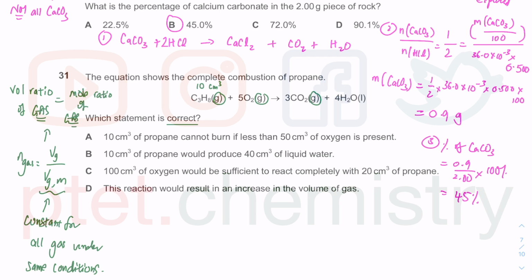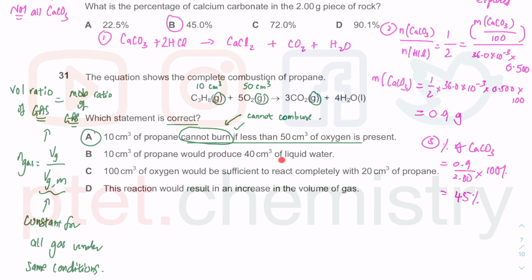So that will require 50 cm cube of oxygen. So it cannot burn if less than that much oxygen is present. So A is actually correct already, because 10 cm cube of this will require 50 cm cube. If you have less than 50 cm cube, cannot burn. Cannot combust if you have less than that, based on the balanced equation.